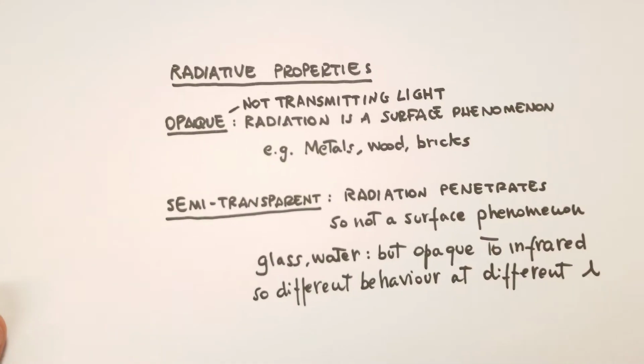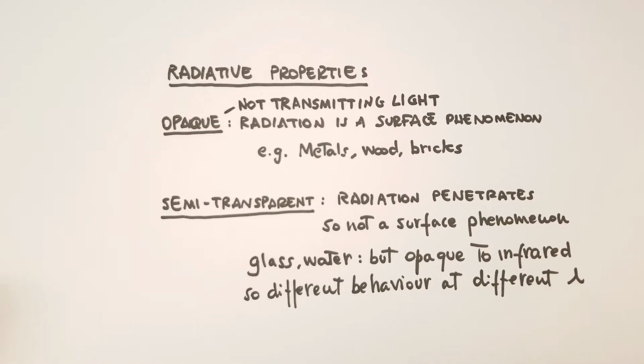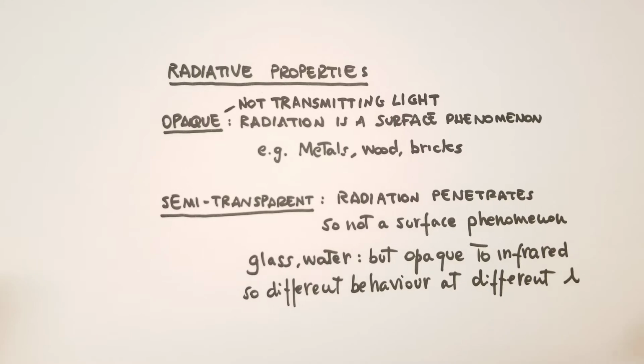We also define a surface as opaque. Opaque is a surface that does not transmit light. So in this case, radiation can definitely be considered as a surface phenomenon, and materials that are opaque are metals, wood, and bricks. Other materials are instead semi-transparent. In this case, radiation penetrates through the surface, and so radiation in general cannot be considered a surface phenomenon.